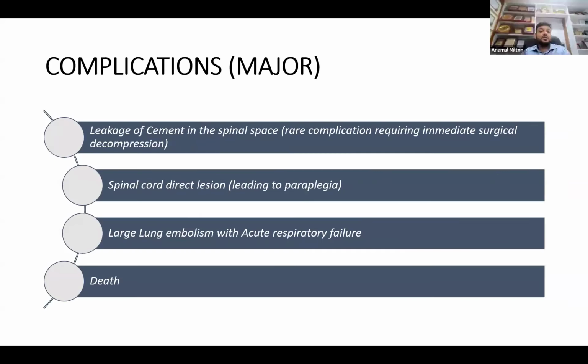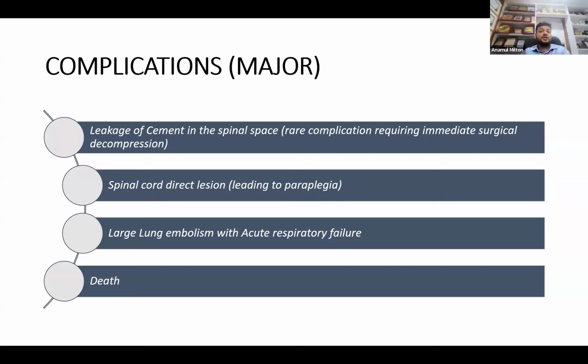The very crucial one for the patient is leakage of the cement into the spinal space. Sometimes it needs immediate surgery, sometimes you can treat it with medications. Spinal cord direct lesions lead to paraplegia, and large lung embolism with acute respiratory failure is also a very bad condition, and death is also very important if you are not taking care of the patient.